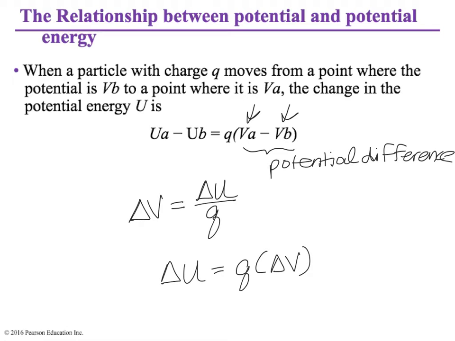If the charge moves through that potential difference, it'll undergo a change in potential energy equal to the potential energy at A minus the potential energy at B. So you see that when charges move through potential differences, they undergo a change in potential energy.